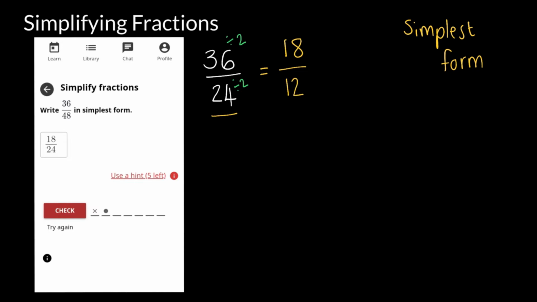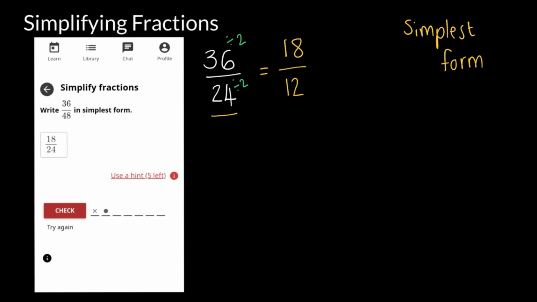Now, the question you then have to ask yourself is, can I simplify any more? Is there another number that I can divide into 18 and into 12? Think about it. Yes, I think we can divide again by 2. What do you think?